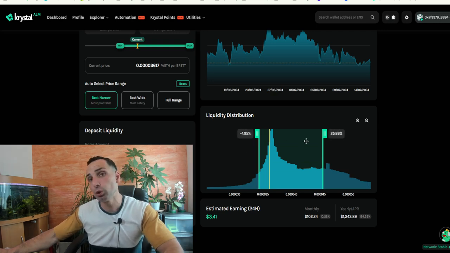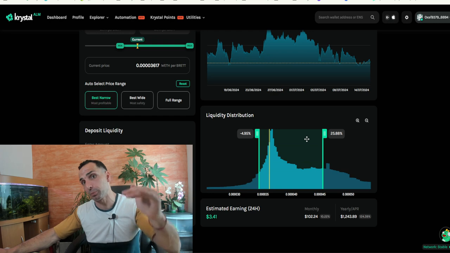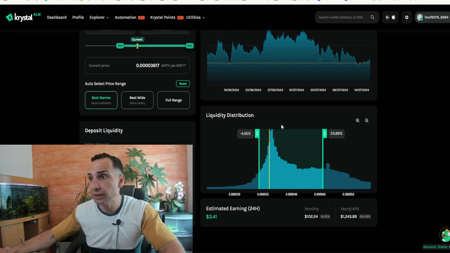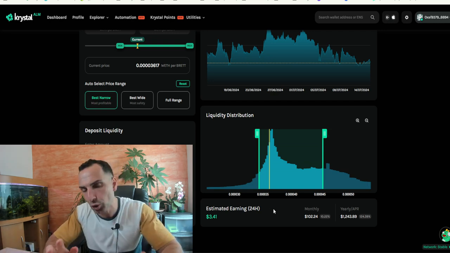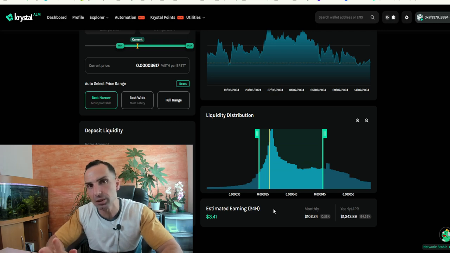Which means that you're betting this time that the BRED price is going to go up. So in this wide range of 30% up and down, you will earn approximately 125% APR a year, which gives around 10% monthly. Again, you're going to earn 3.4 bucks for 1,000 bucks invested, as an estimate of earnings in 24 hours. Make sure you understand, okay, this is not so easy.